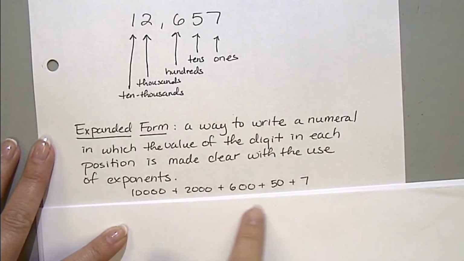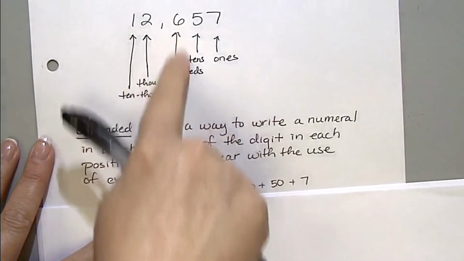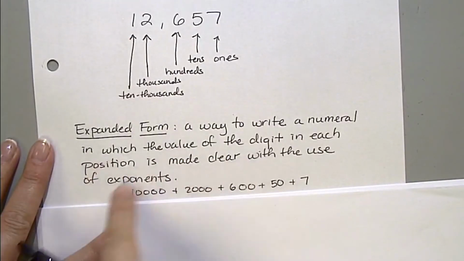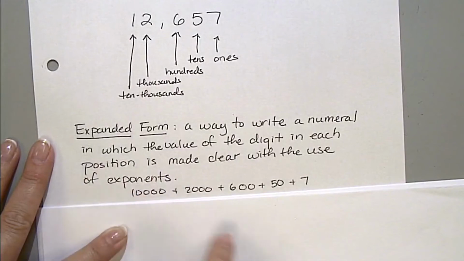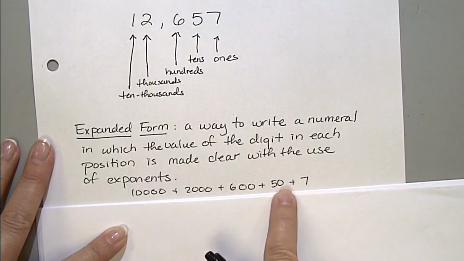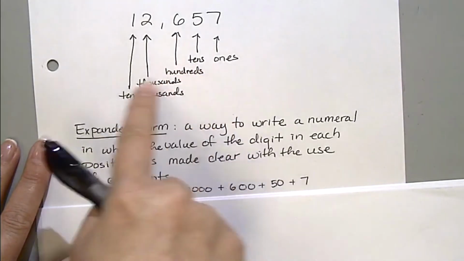So notice that if I add a 7 and a 50 and a 600, right, because I had 600s. If I add all of these together, it gives me 12,657. I've expanded it somewhat, but it's not made using the exponents. So I could instead note this as 7 times 1, 5 times 10, 6 times 100 based on the place value it's in, right?